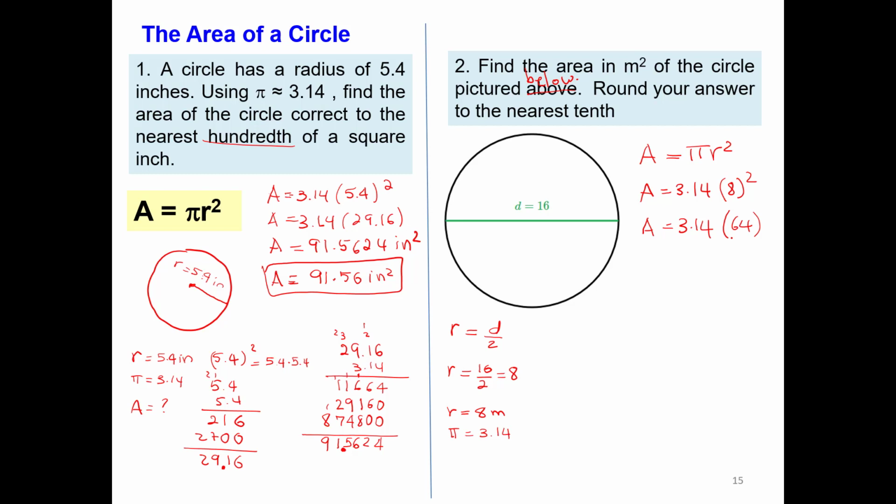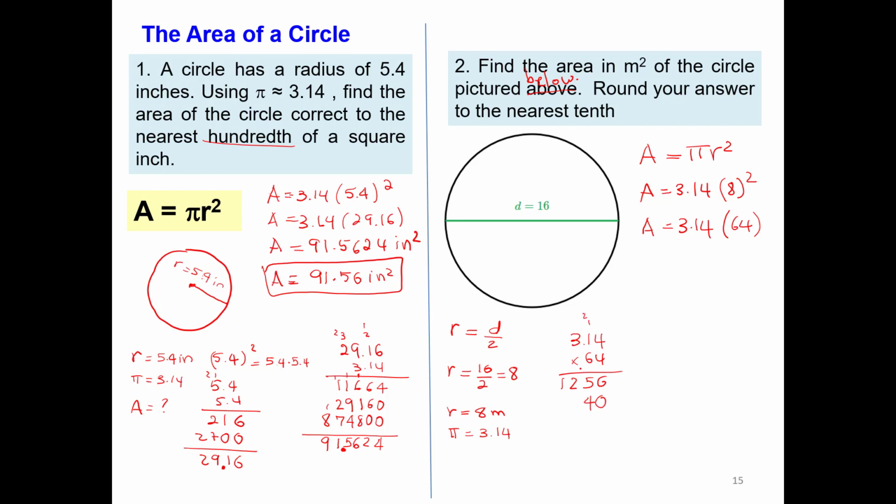And let's multiply here. This is 3.14 times 64. And 4 times 4 is 16. Carry the 1. 4 times 1 is 4 plus 1 is 5. 4 times 3 is 12. 6 times 4 is 24.